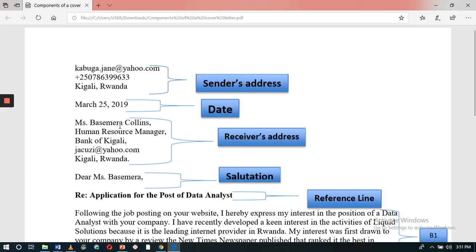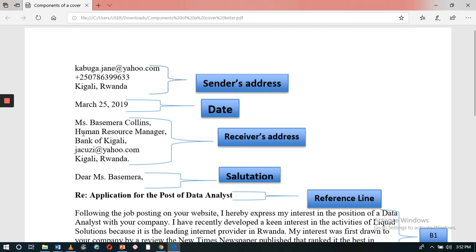Always try as much as possible to find out the name of the person you're sending the letter to. Often it is given on the advert, but sometimes it is not given, and you can go to a company's website or follow the company through their social media pages to find out who is who in the company.